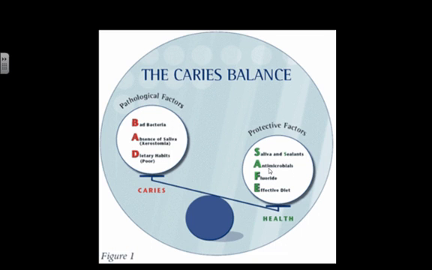So you see that there's a balance in the caries process. That balance is the balance between caries and health. There's an equilibrium between the protective factors of saliva, antimicrobials, and fluoride, with a caries-resistant diet, as compared to the bad bacteria that form the caries process, the mutans streptococci and the lactobacilli.